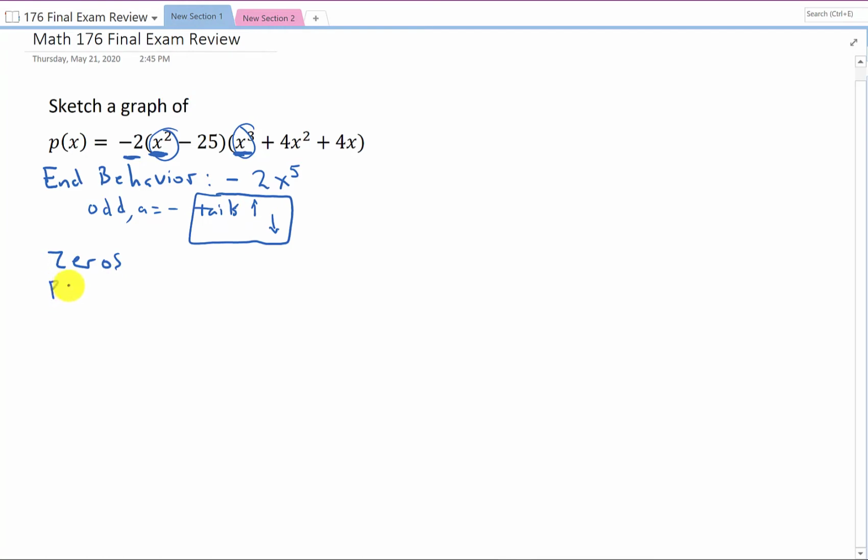So let's factor this. P of x, -2. So the first factor is a difference of squares. That's easy. The next one, there's a GCF in here, x. And when I take that out, I'm going to have x squared plus 4x plus 4. Now that one's not completely factored yet.